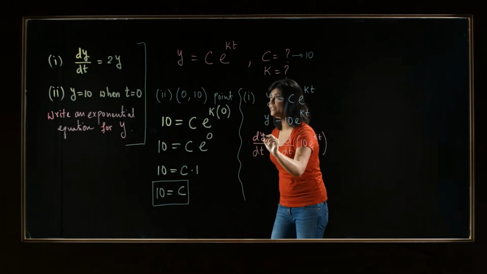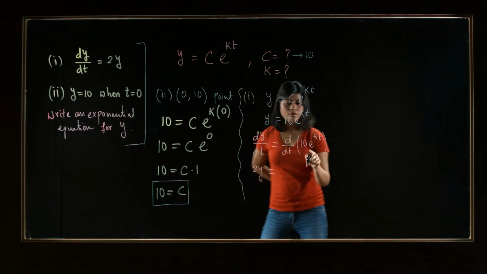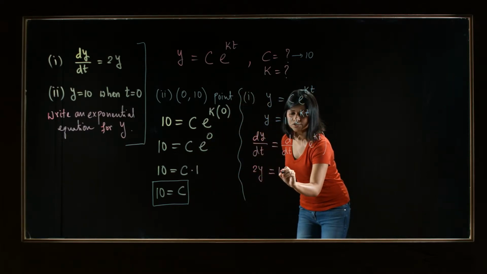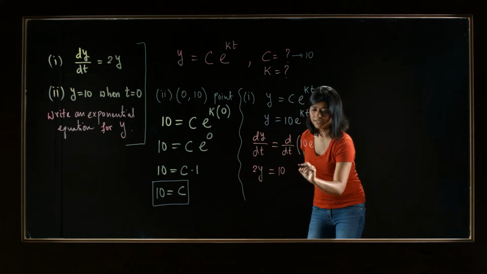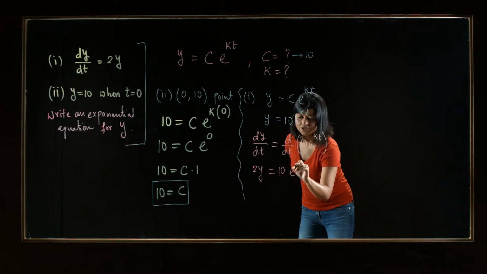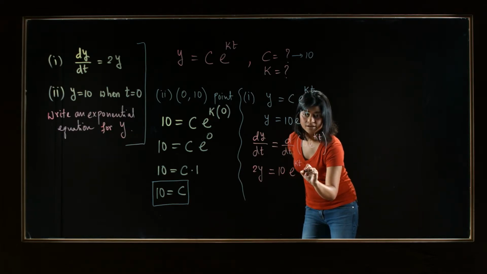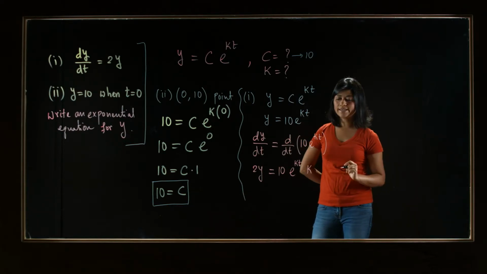Now, dy/dt is 2y. And here 10 is a constant, so pull it out. For the derivative of e to the power kt, you can use the chain rule. First is the function itself, and then take the derivative of the exponent, so you multiply this by k.